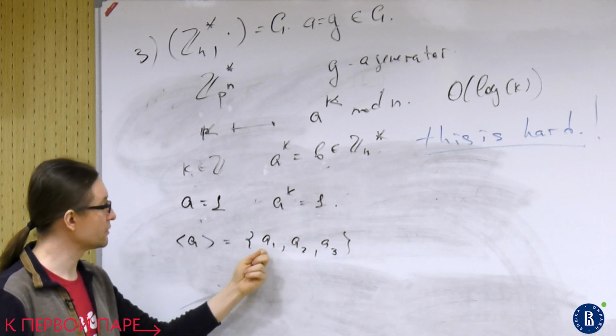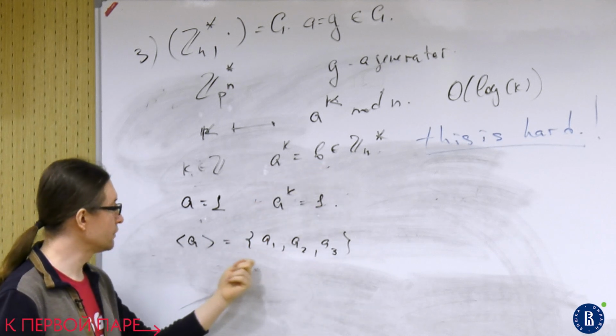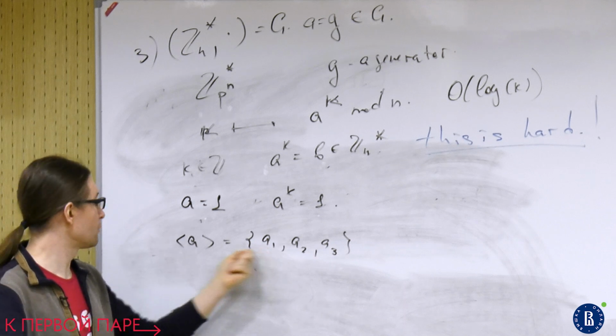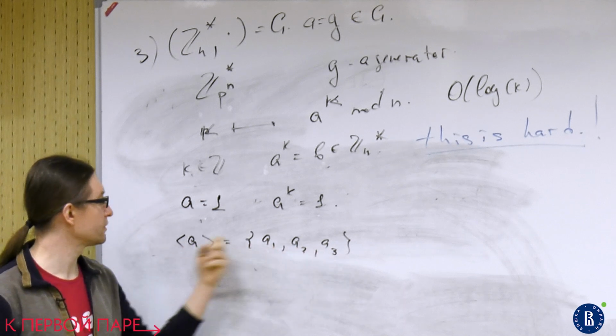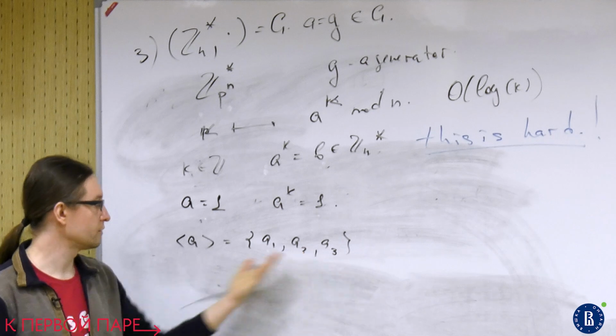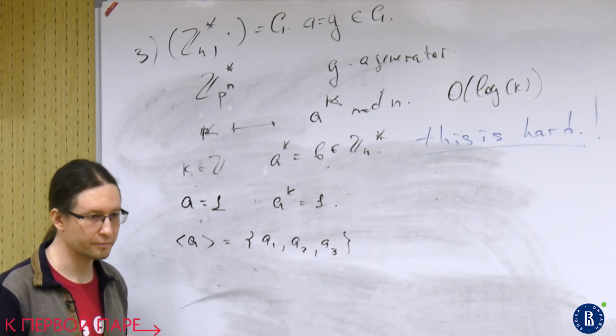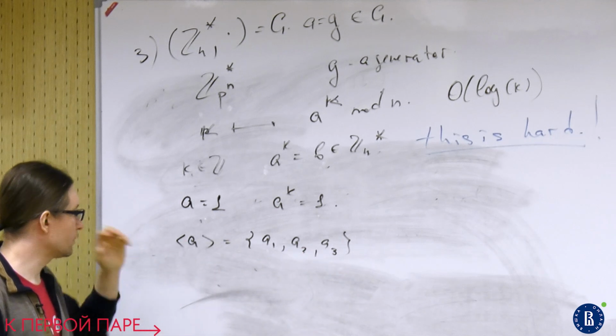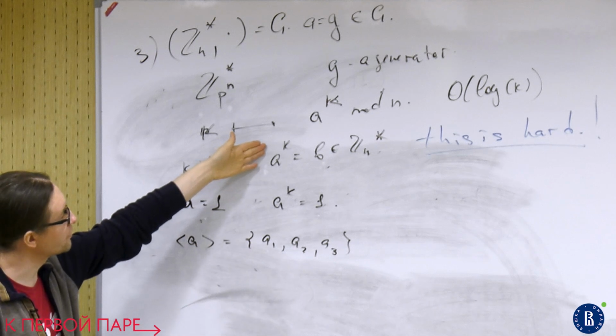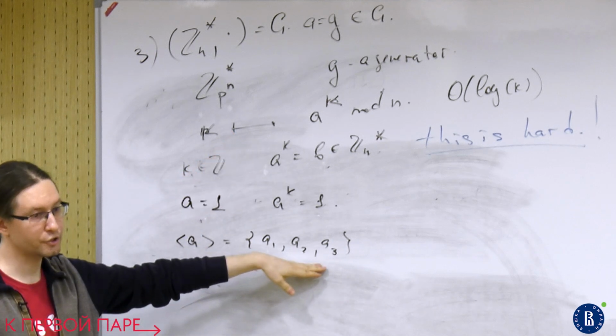And if your element B coincides with one of them, you already know that this is some power of A, this is another power of A, and this is another power of A. And you can solve it almost immediately. So solving this equation is an issue only when this list is huge.